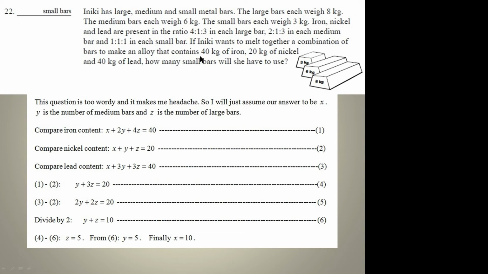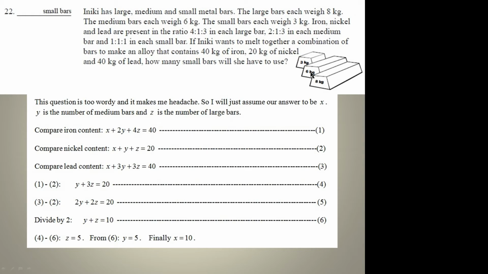We know that there's 1 kilogram of iron in each small bar, for the medium one we have 2, and for the large one we have 4 kilograms of iron. We know that there are x small bars, and each bar has 1 kilogram of iron, so that's 1 times x.